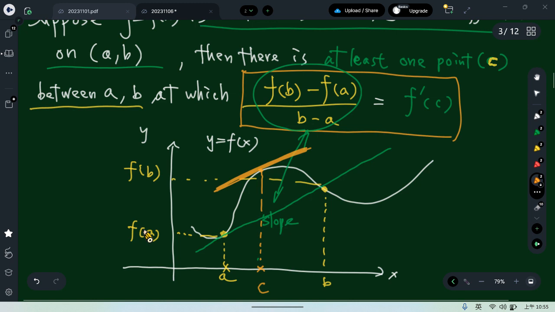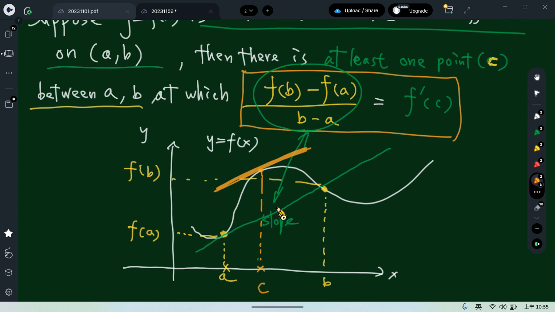So maybe if you cannot discard the image, then you can just change your viewpoint. For example, you can slightly rotate this figure, or rotate yourself from this angle.